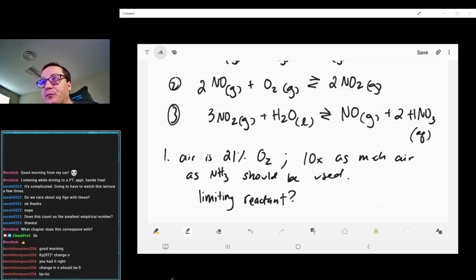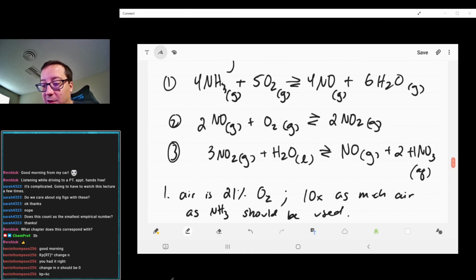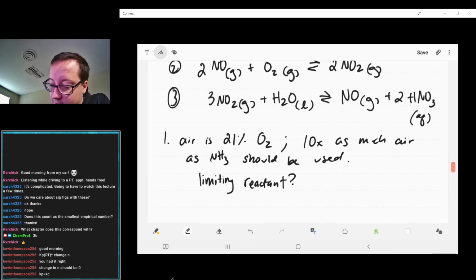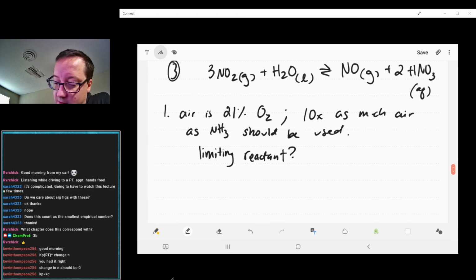So, what are we going to do with this? We are going to be using ammonia and oxygen here, right? We're burning them together. And we're saying we're going to be using 10 times as much air as ammonia, and that air is 21% oxygen. So one mole of air would have 0.21 moles of oxygen.